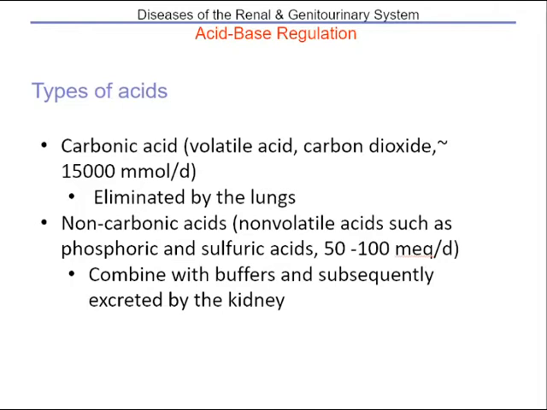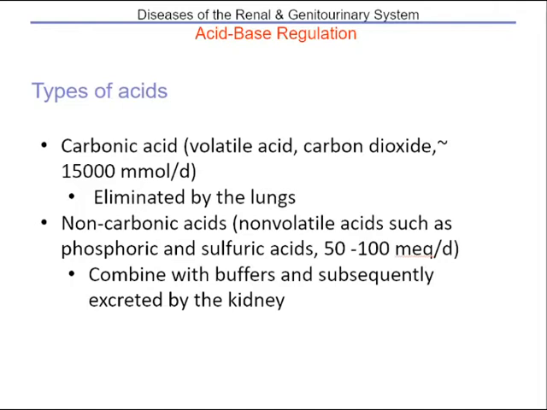Compared to carbonic acid, there are just few non-carbonic acids in terms of volume that are produced by the body, or you call them your non-volatile acids, such as your phosphoric acids and sulfuric acids. And the body usually produces about 50 to 100 milliequivalent per day. They're usually products of protein metabolism.